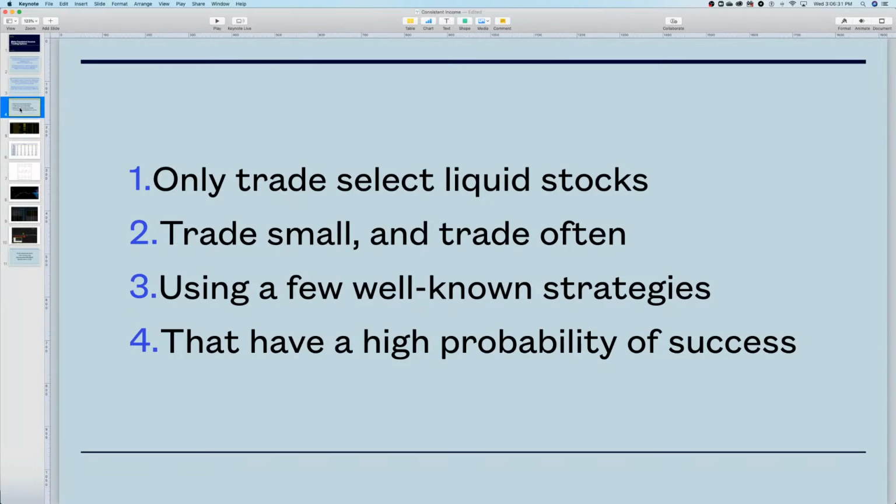So here's the 4 steps that are involved once you know the system. We only trade select liquid stocks. So it's a small list that I use, about 20 or so. I may, at some points, add a few, subtract a few. We only trade small, but we trade often.